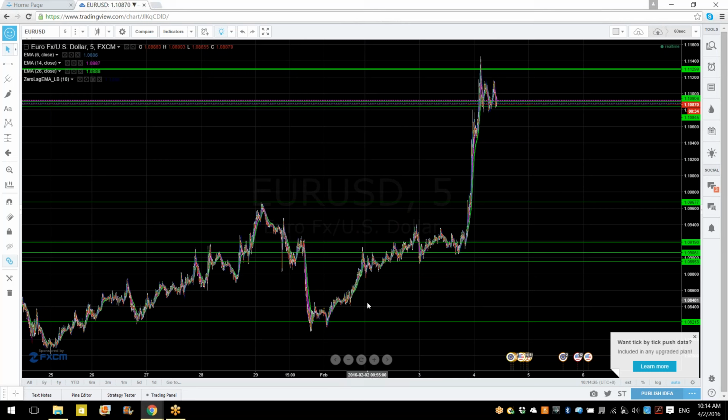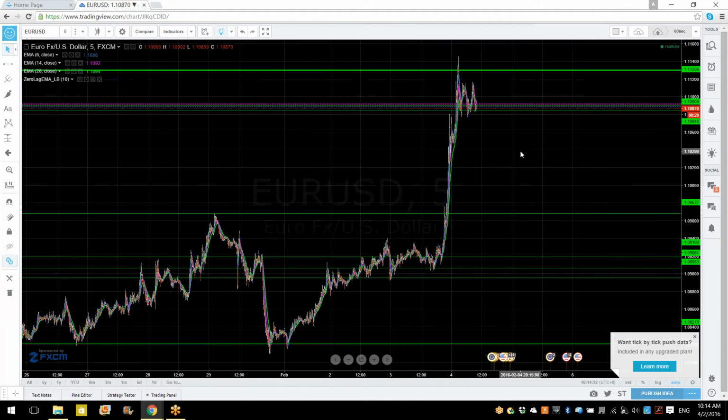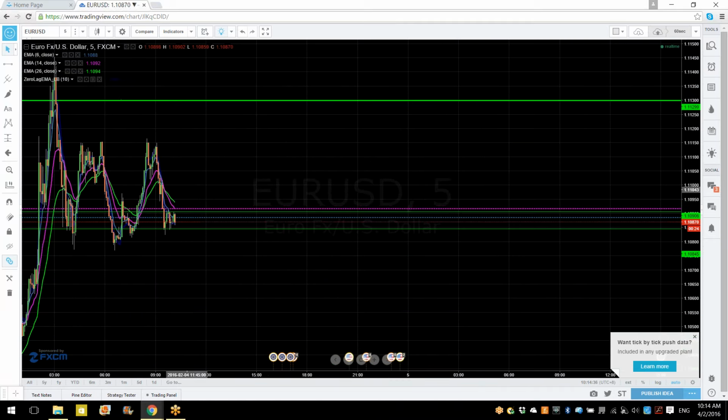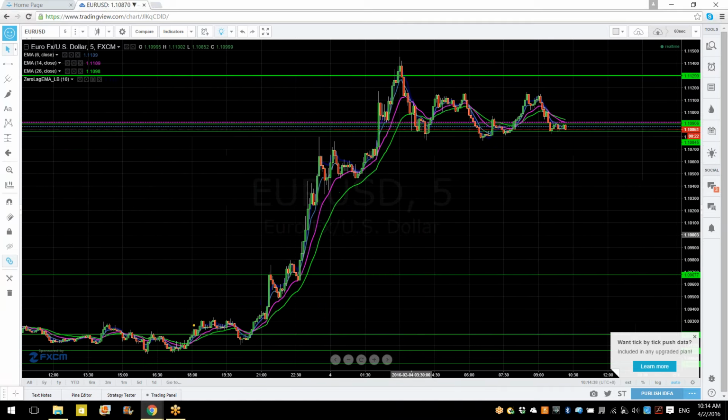Now, to draw the support and resistance lines, you cannot do it on a 15 or 20 minute time frame if you are trading those.